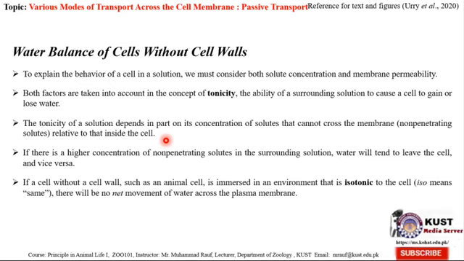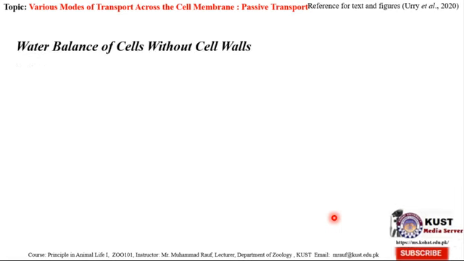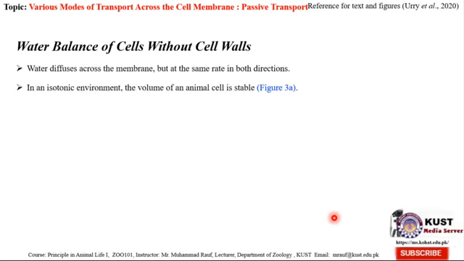A cell is said to be in an isotonic solution when there is no net movement of molecules inside and outside. So water will diffuse across the membrane at the same rate, in a case of dynamic equilibrium.